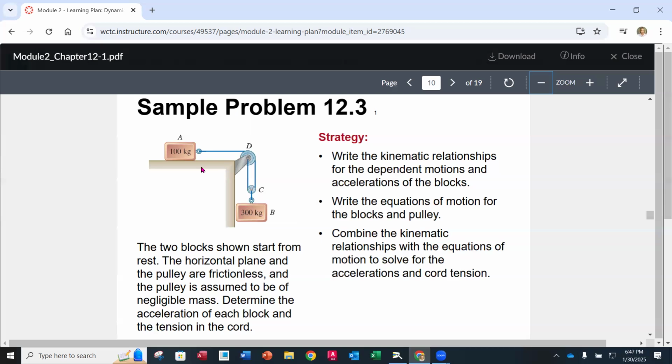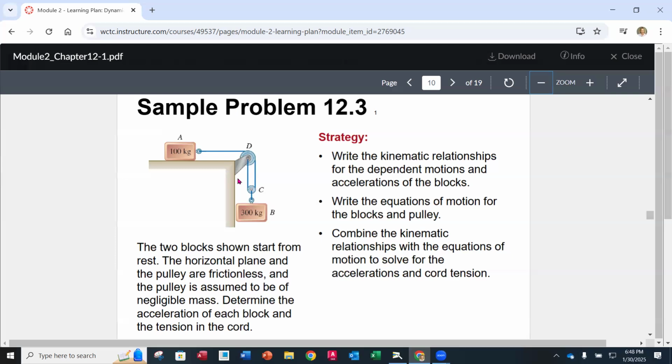So our strategy here basically is going to be looking at block A by itself, block B by itself, and the pulley by itself. And then as we go through that process and set our statics diagram equal to our kinetic diagram, we'll be able to work through this with the information that we have.